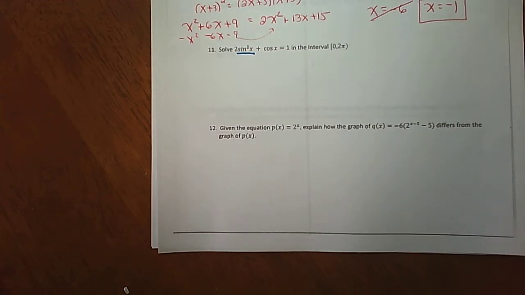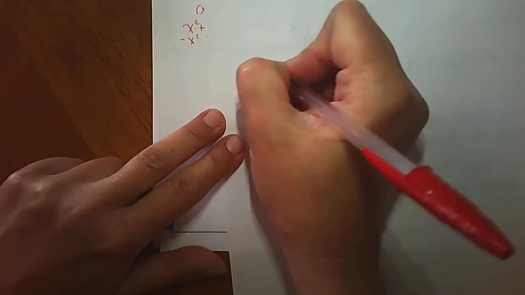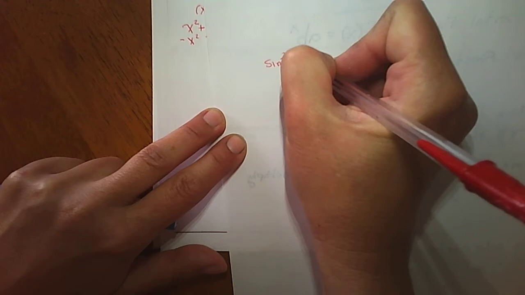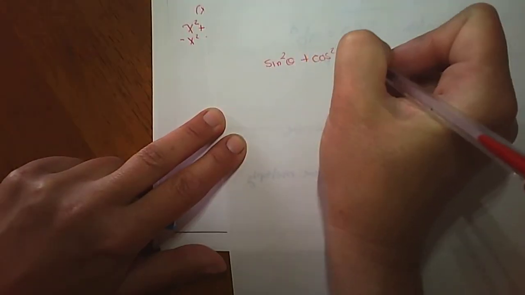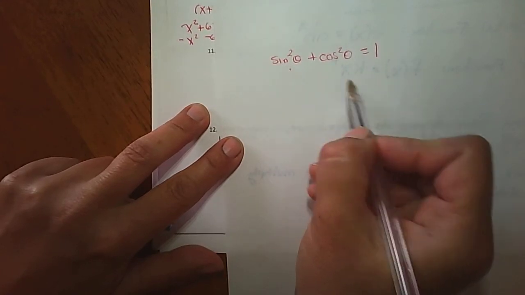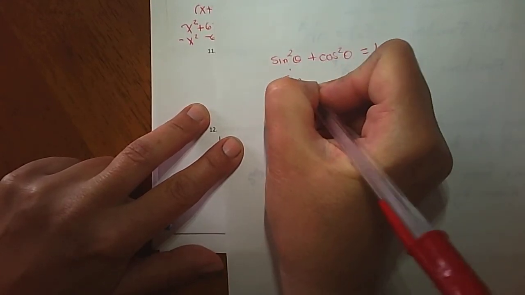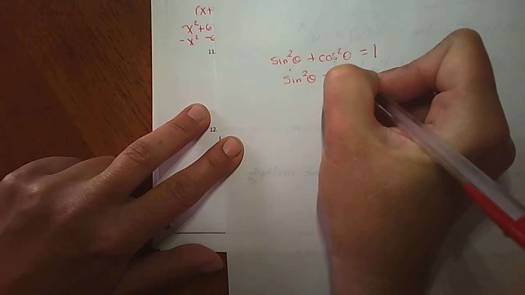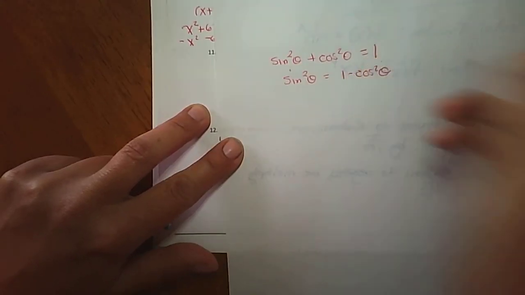So think for a second, we know sine squared plus cos squared equals 1, right? We need to figure out what sine squared equals, so just subtract that over. So that means sine squared is going to equal 1 minus cos squared.